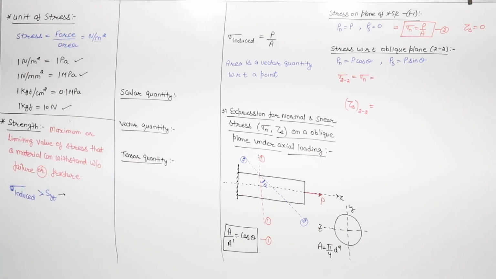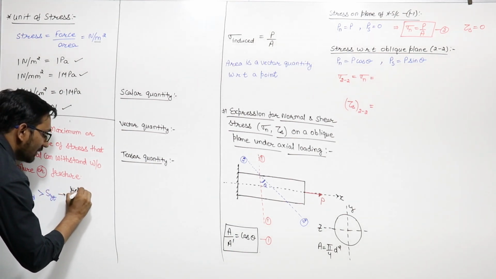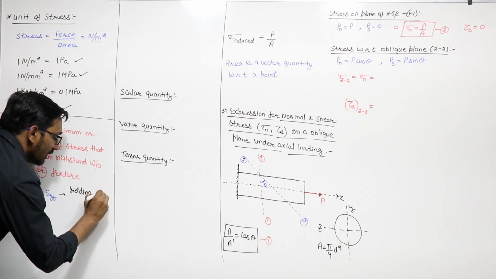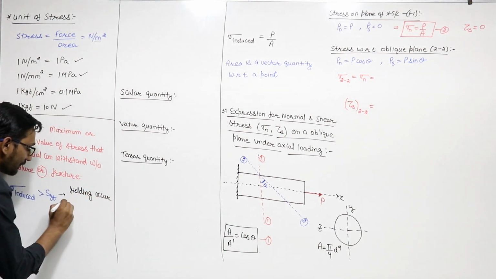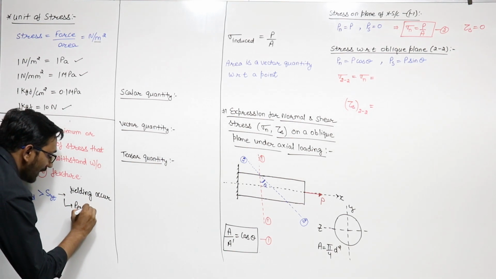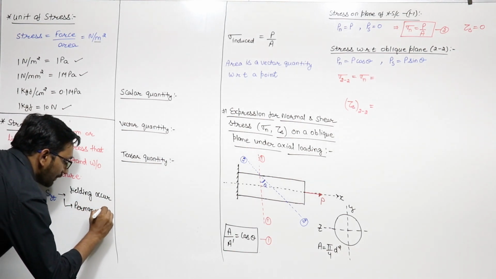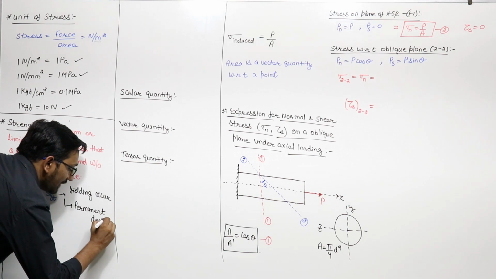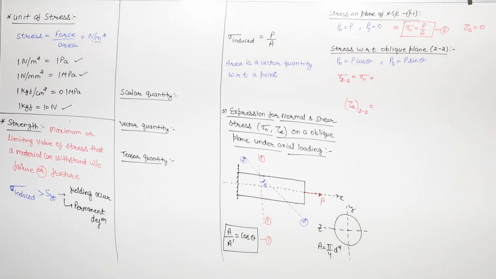So we can say if the stress induced in the body is greater than its yield strength, then yielding will occur. What do we mean by yielding? That there is some permanent deformation. So we can say the body will fail.